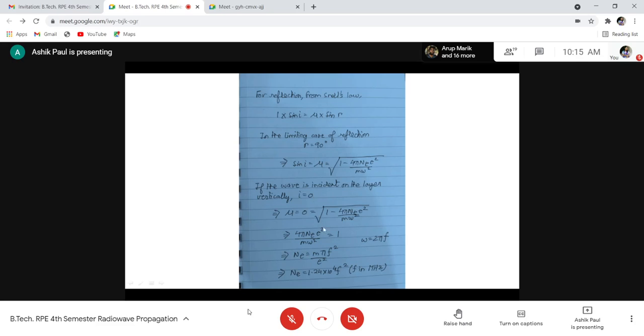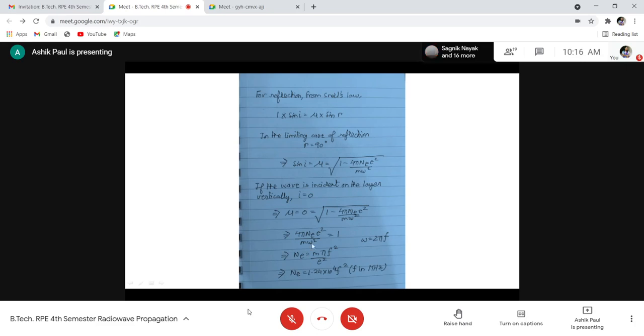Further, if this signal is incident vertically, then this angle of incidence will also be equal to 0. So under that special condition, we are trying to reach the condition of reflection of this radio signal at vertical incidence. So this will be 4 pi Ne e square by m omega square equals to 1, where omega is 2 pi f, and from there you can get this condition that Ne equals to m pi f square by e square.